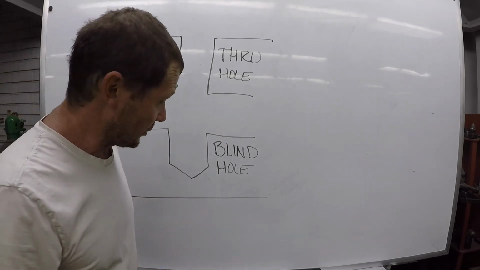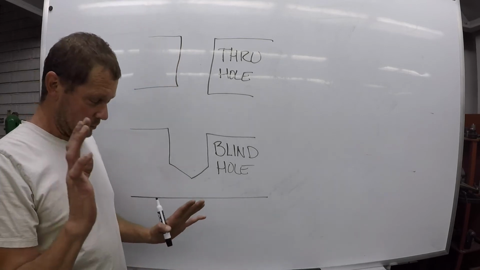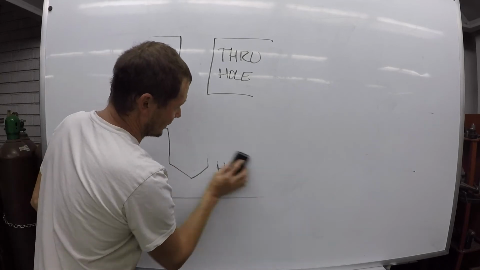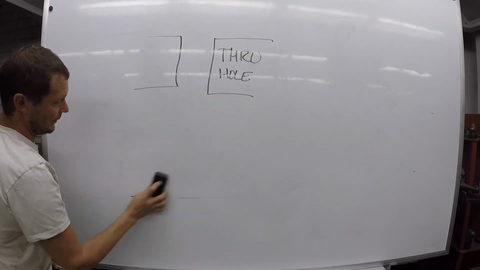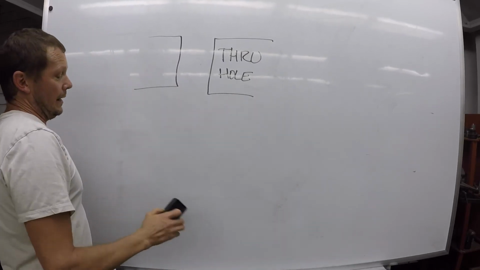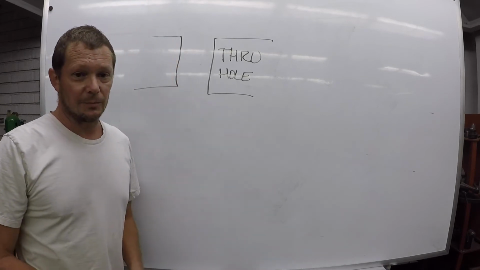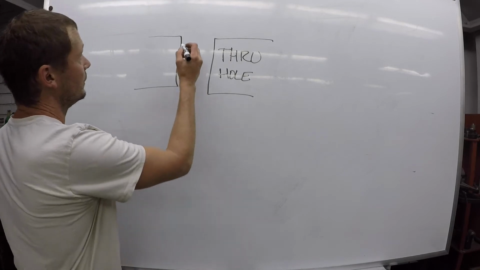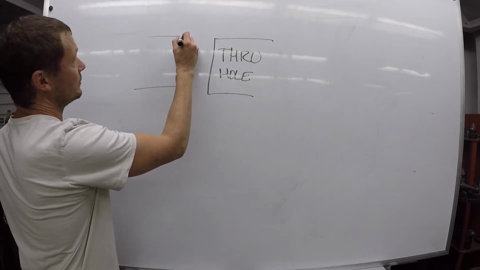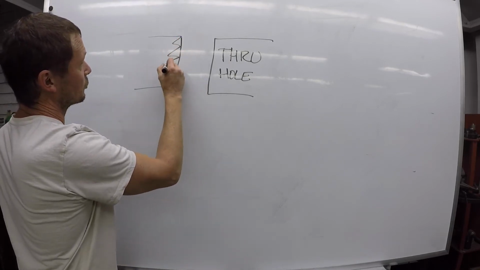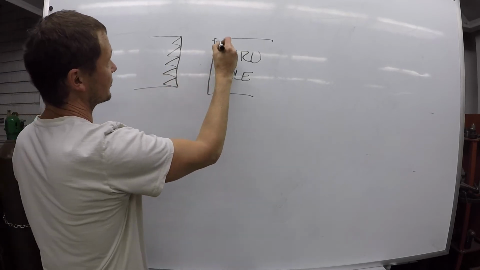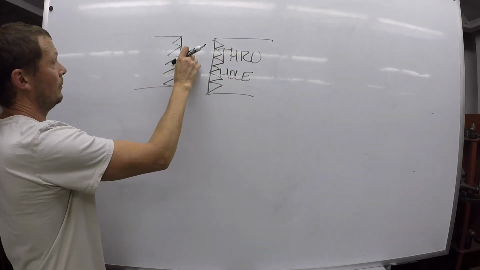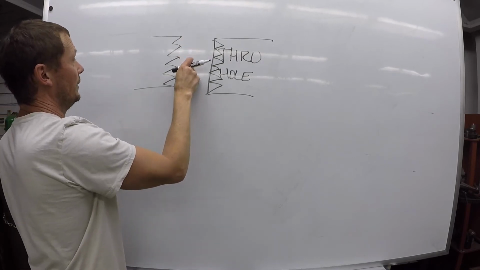So those are, I mean, there's other types of holes. There's, hold on, Blake. Okay, but right now, this is what we got. Through hole and a blind hole. Now, in our through hole, we want to make threads to accept a screw. So we're going to make threads in here. Cut threads. How do we do that? So now, this is what we're going to end up with.